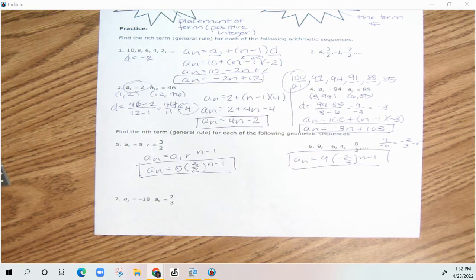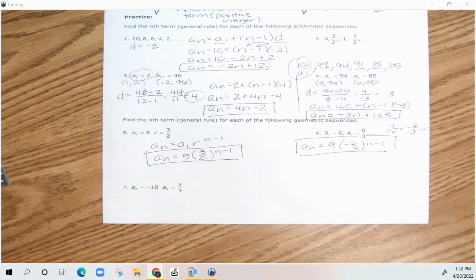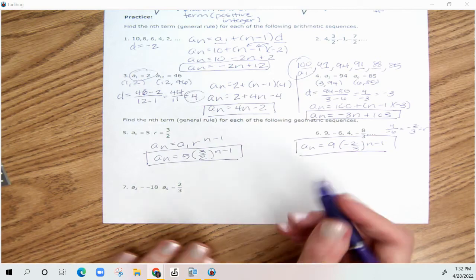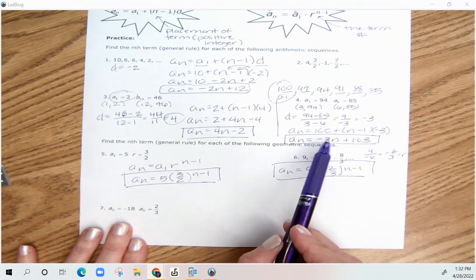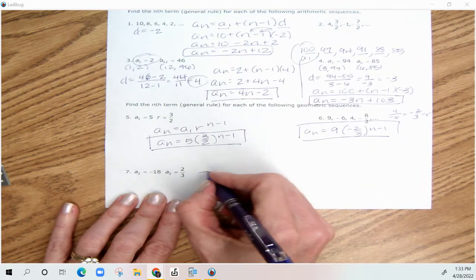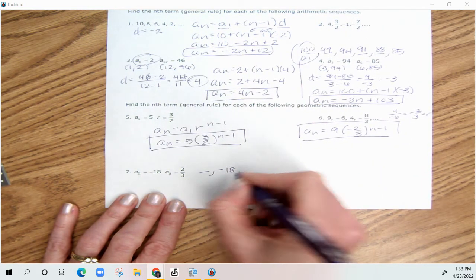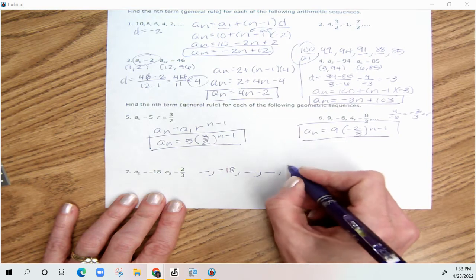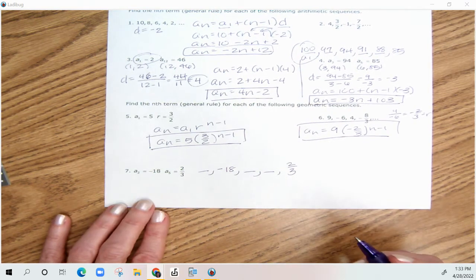For number 7, I don't know the first term. I don't know r. But just like I did with this one up here where I laid out the situation, I know the second term is -18, and I know the 5th term is 2/3.